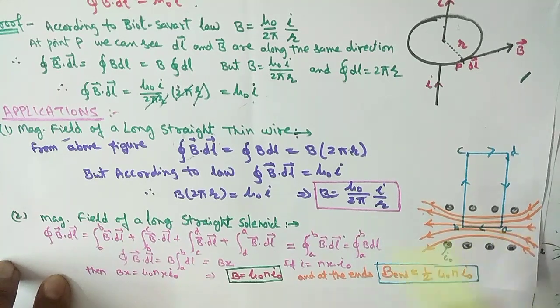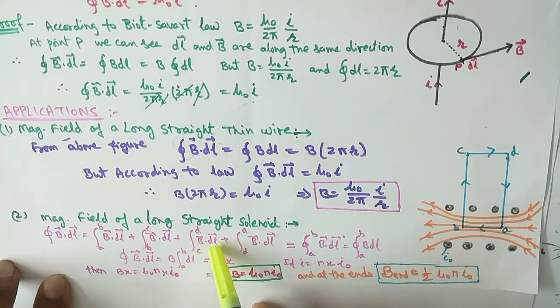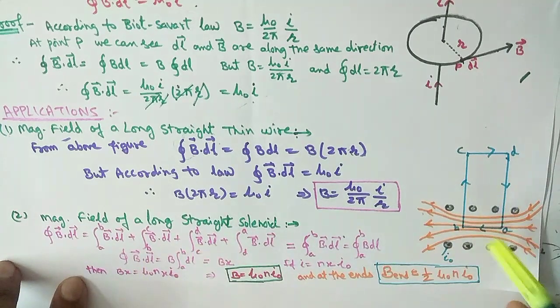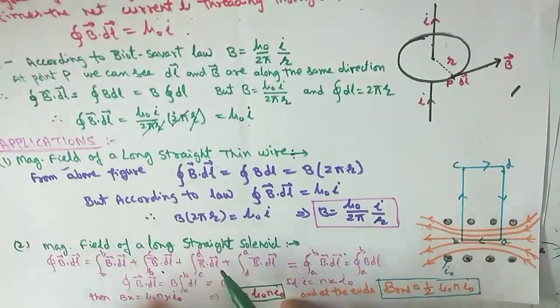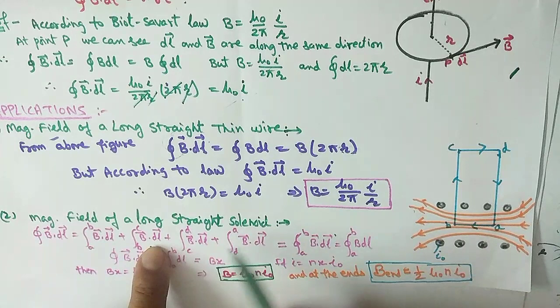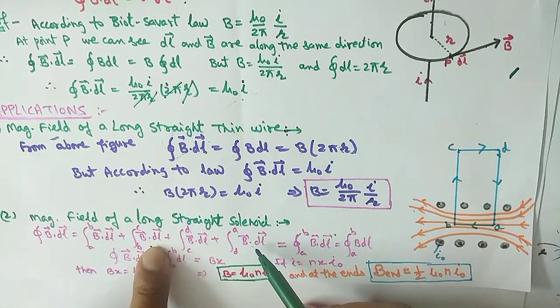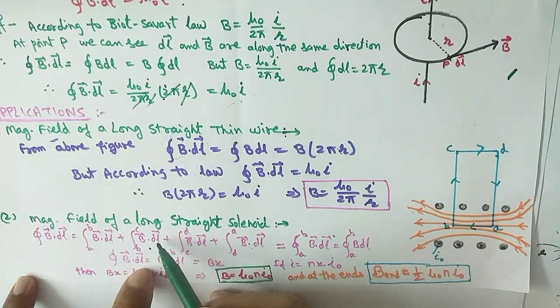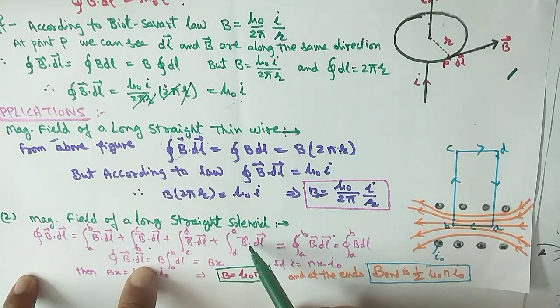So the angle between B and dL is 90 degrees and cos 90 is equal to 0. So B to C and D to A both become 0, because B dL cos 90 is 0.